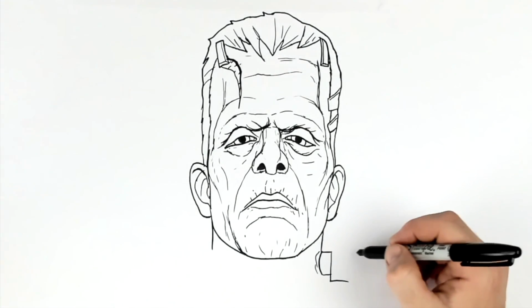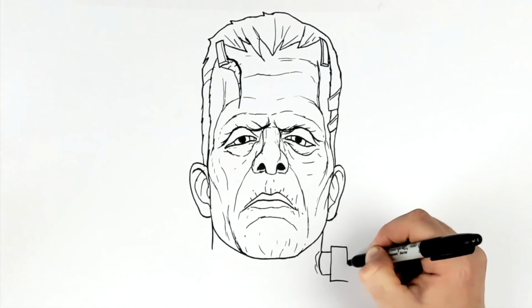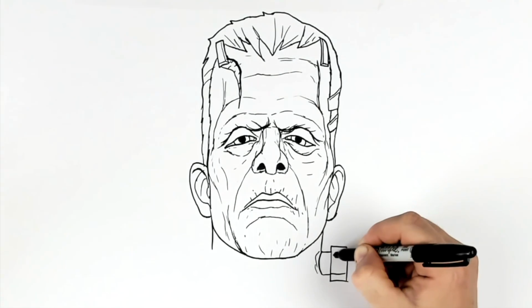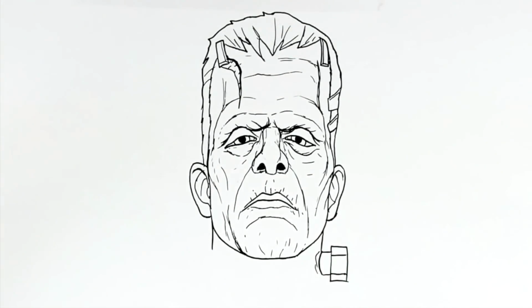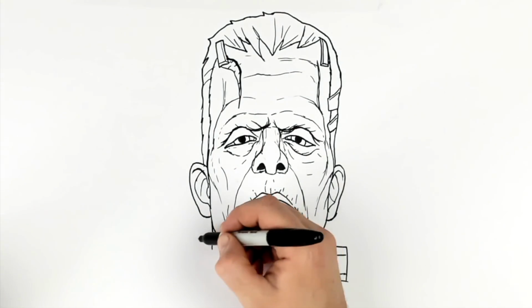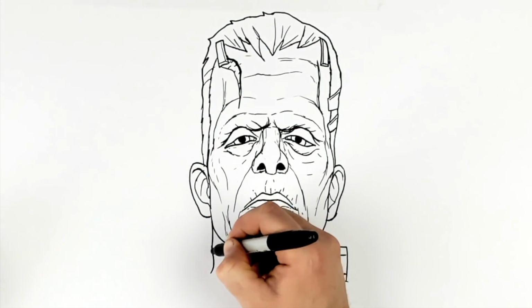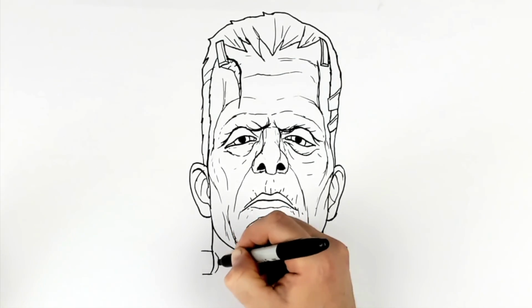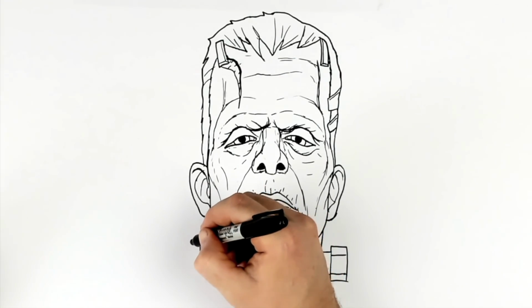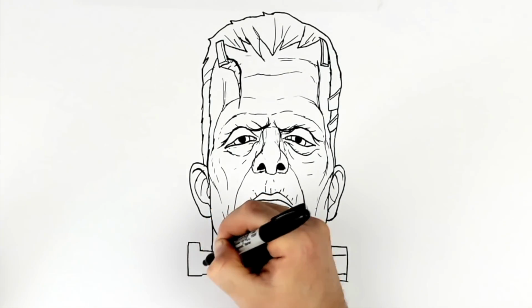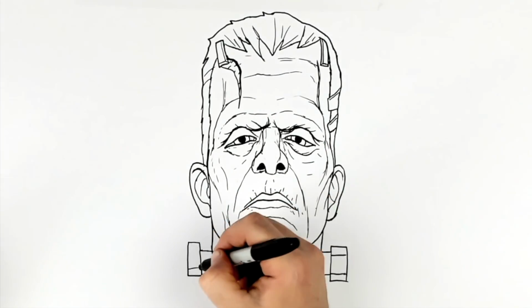Okay, so just these kind of square shapes. We'll just do some lines on it like that. Right, and then we'll do the same thing on the other side. So just a bolt sticking out here, some wrinkles, and then another square end on that one, some lines on it like that.